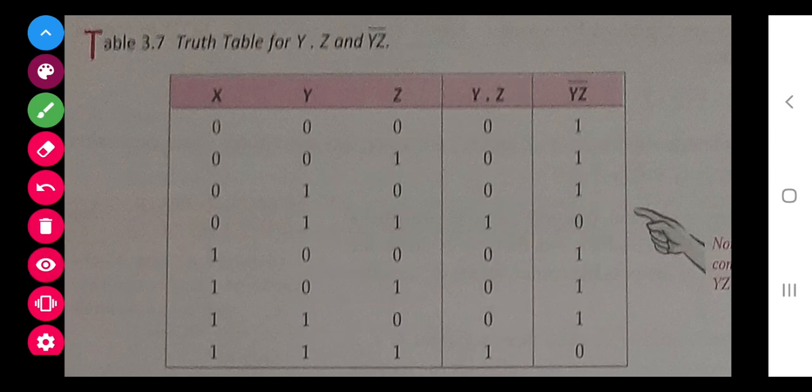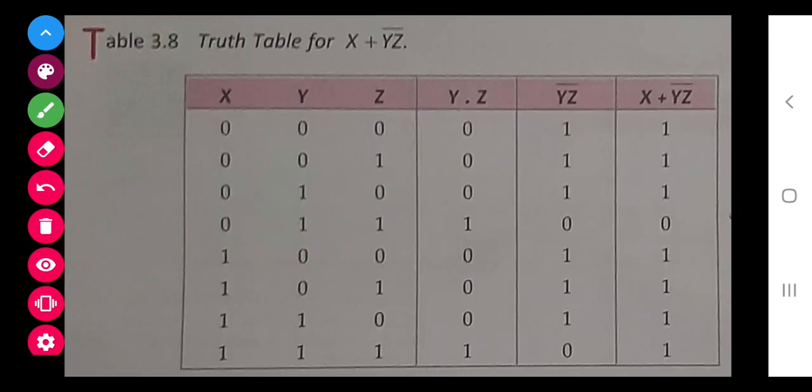There are more examples that I have developed for you, and they are in your book also class. So I have chosen this many examples. Next is this x plus y z naught. Y z naught you have already done in the previous one. Now we have to do OR of this with x.